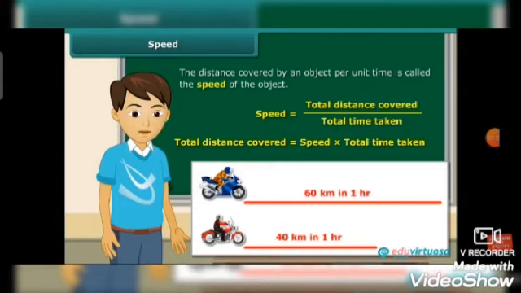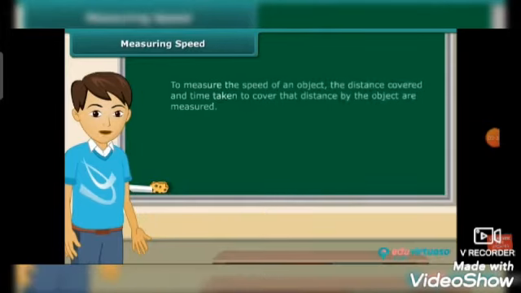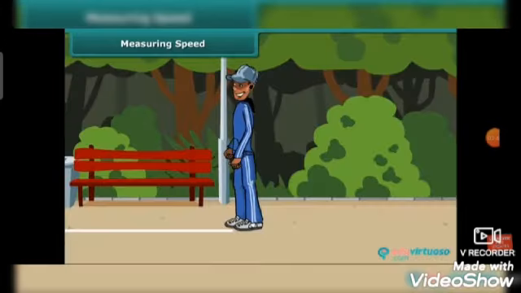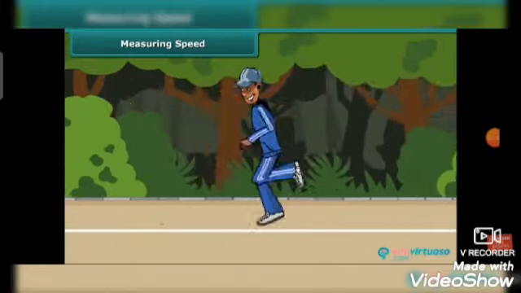Let us learn to measure speed with the simple formula. Draw a line. Ask a friend of yours to stand on the line. Allow him to run. Note the total distance he covered and the total time taken to cover the distance.